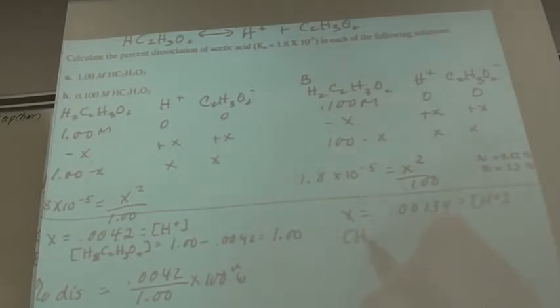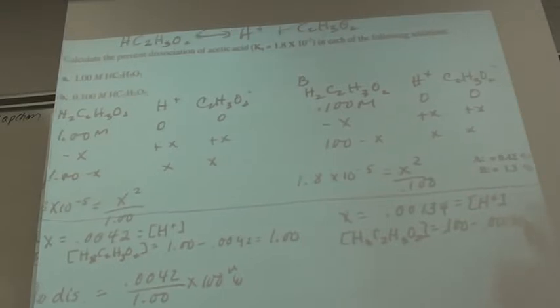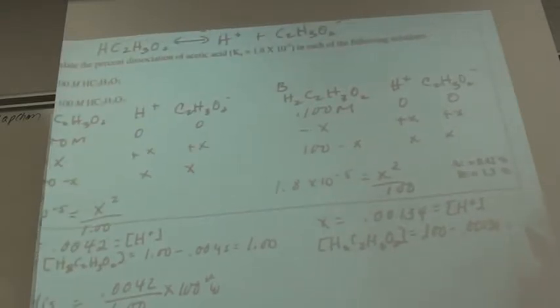The acid is 0.1 minus 0.00134, which is 0.0987.